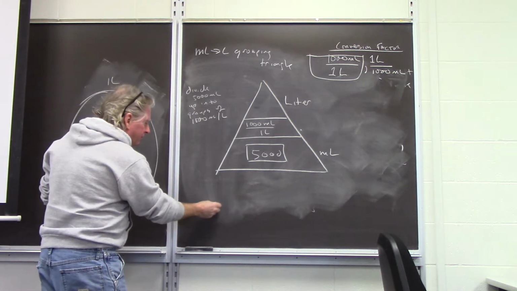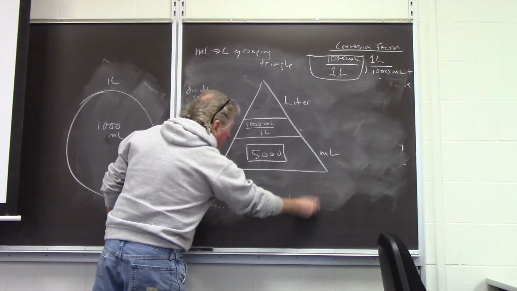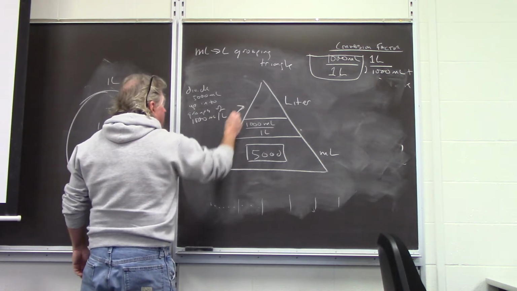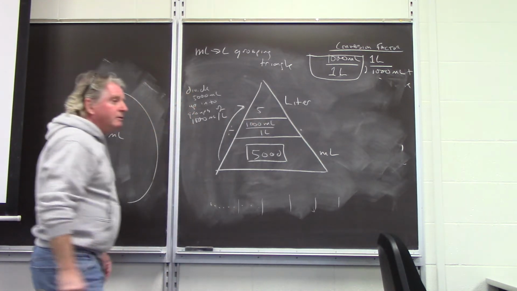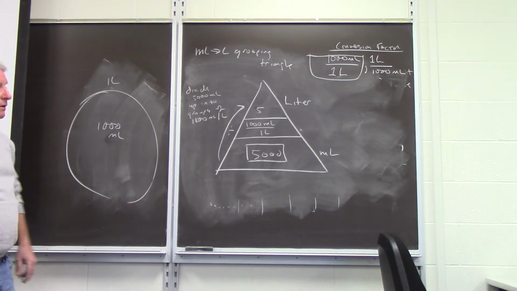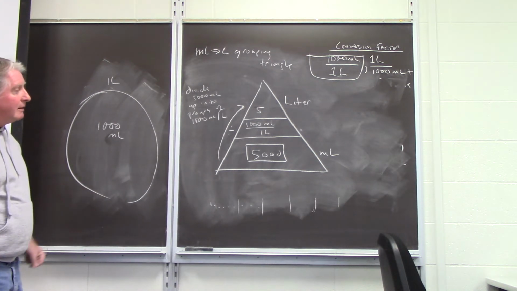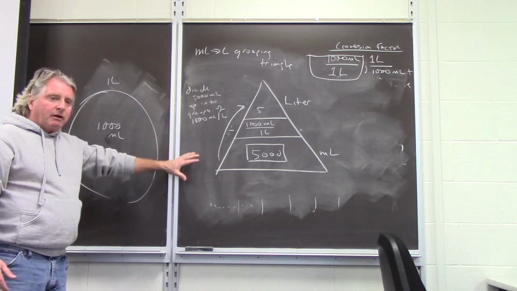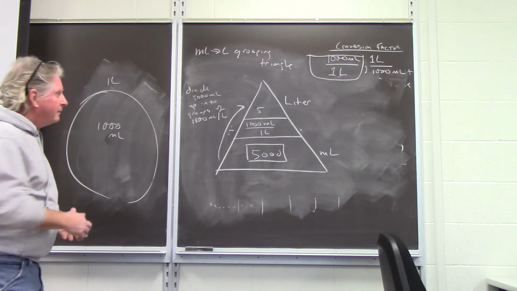So I have 1,000 of these guys, okay? And then what I'm going to do is break them up into thousands. So I divide up by 1,000, and I end up getting 5 liters. So you go from 5,000 things down to 5 things. Each one of those 5 things will have 1,000 milliliters in it. Okay, so we can use the grouping triangles instead of conversions, and they make sense.